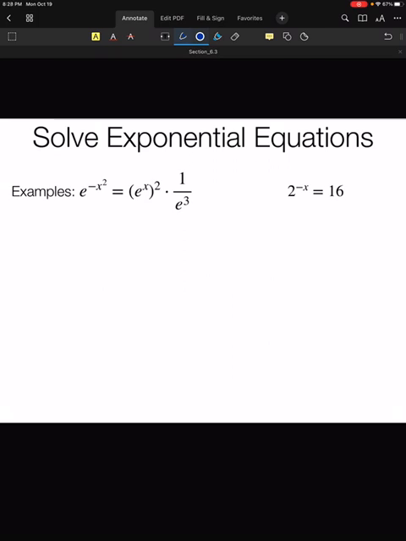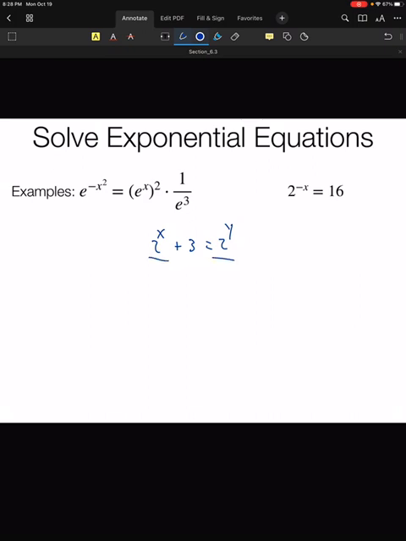Something else that I should note is that I can't have something like 2 to the x plus 3 equals 2 to the y power. I can't simplify that and get rid of the bases when there's anything other than just that equals that.